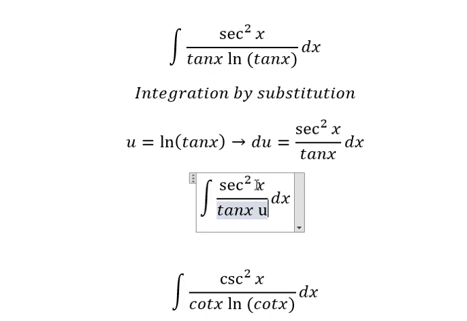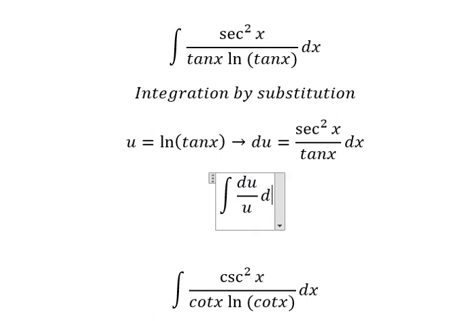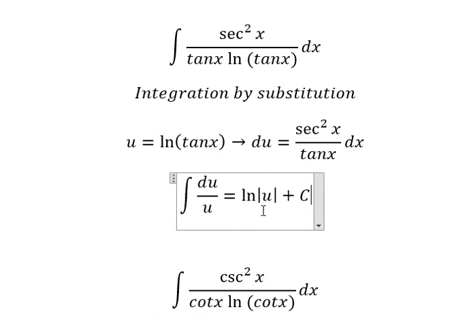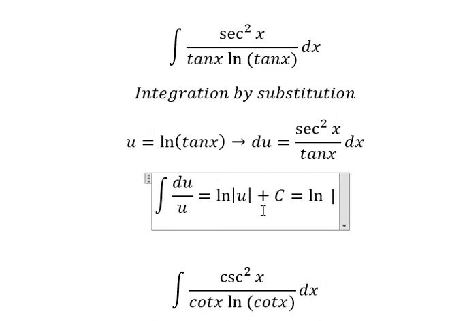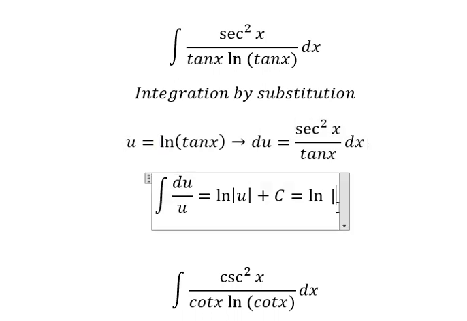Secant squared x over tan x dx we change for du. So this one we have like this. About u, that is this one.